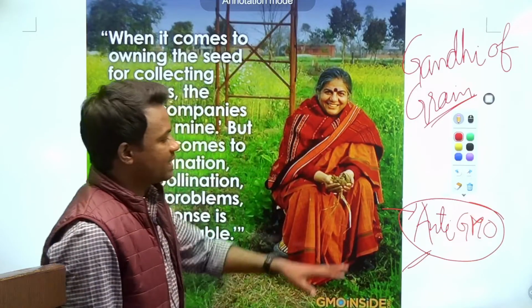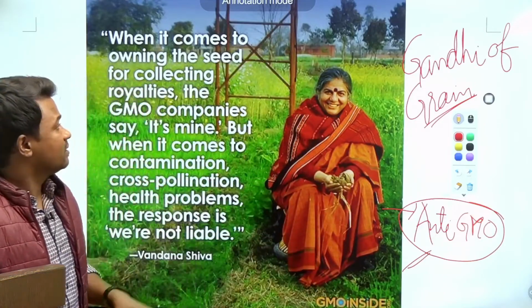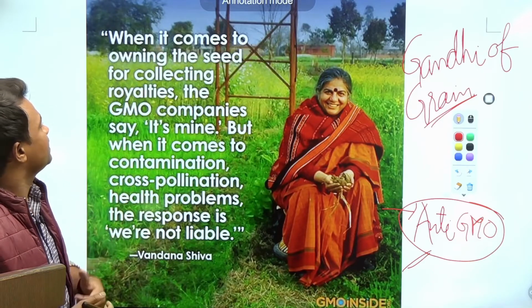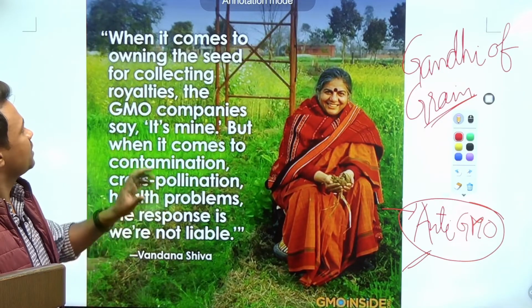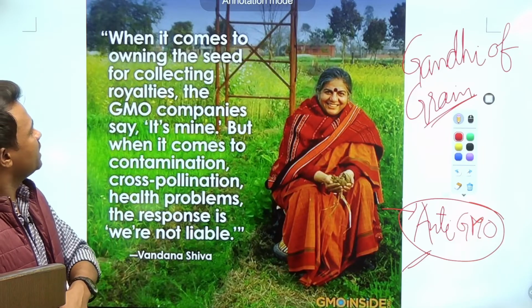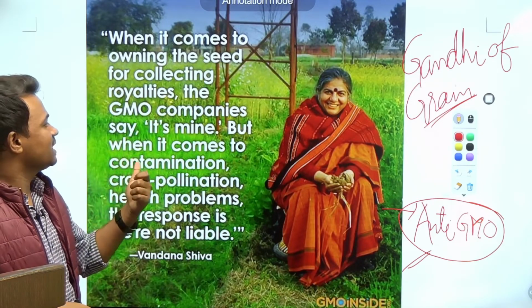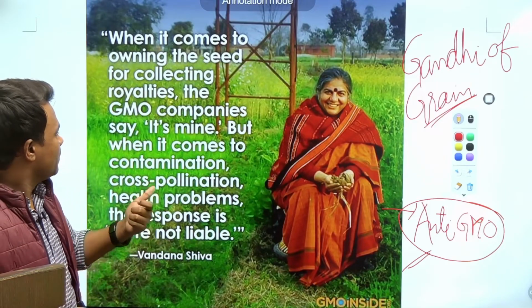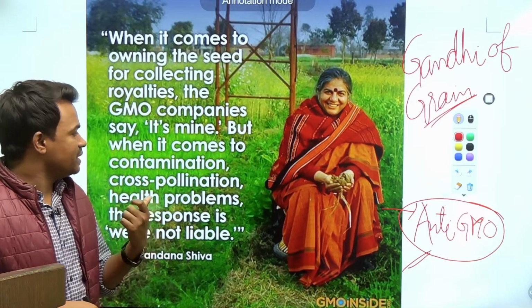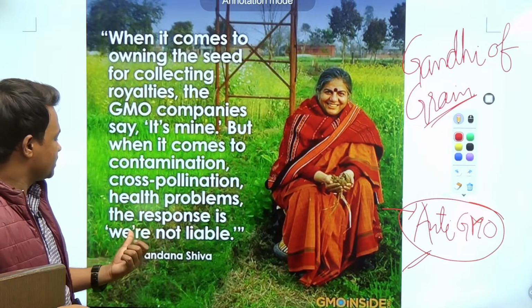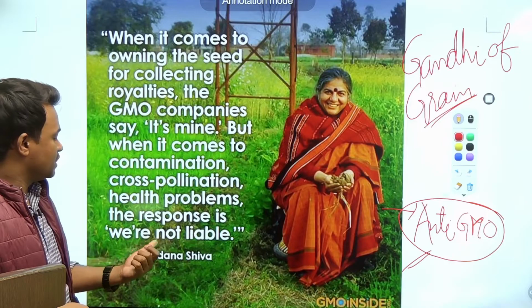Let us see the way forward for GM cropping or mustard in India. I quote: when it comes to owning the seeds for collecting royalties, the GMO company says it is mine. But when it comes to contamination, cross pollination, health problems, the response is we are not liable.